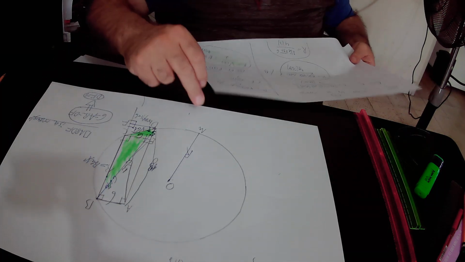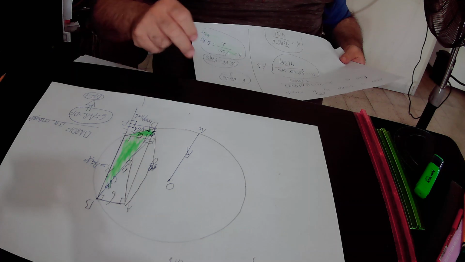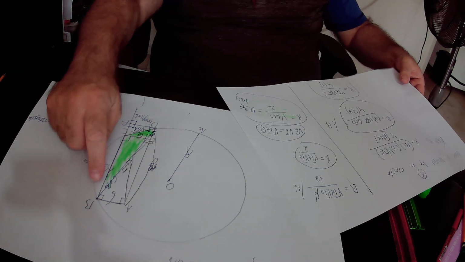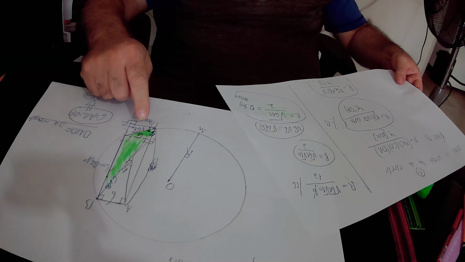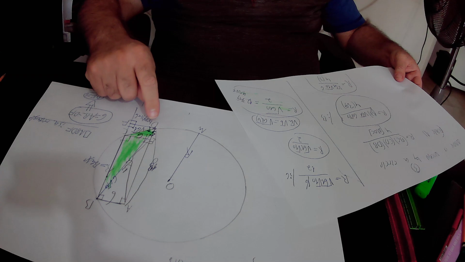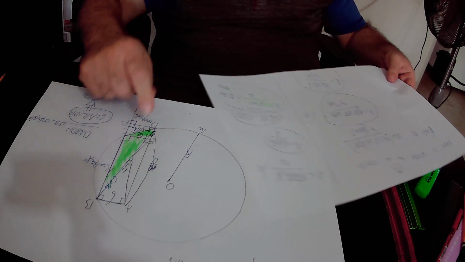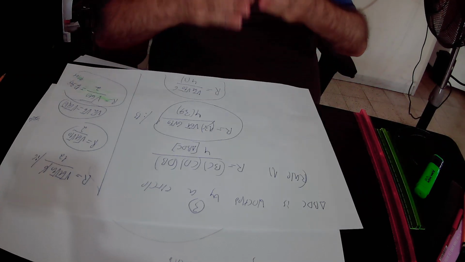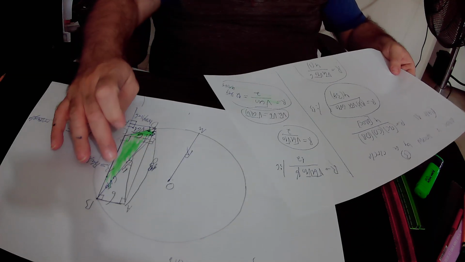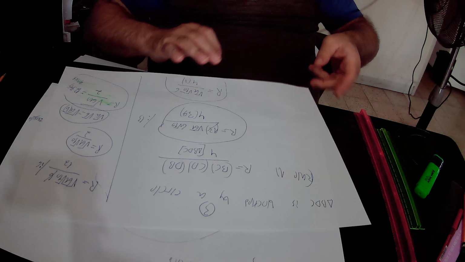I'll repeat again, the green triangle BDC is blocked by a circle, and therefore, according to rule number 1, the radius of this circle, equal to capital R, will be equal to BC times CD times BD, the multiplication of the side lengths of the triangle, over 4 times the area of the green triangle BDC.